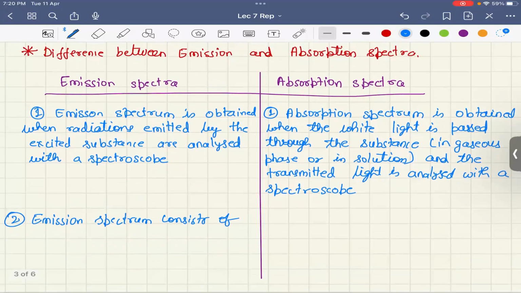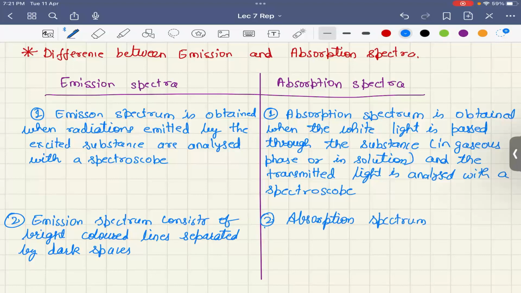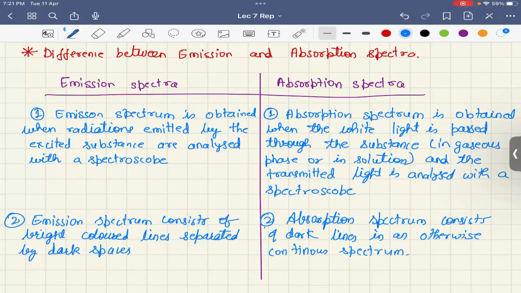So emission spectrum consists of bright colored lines separated by dark spaces, whereas absorption spectrum consists of dark lines in an otherwise continuous spectrum.